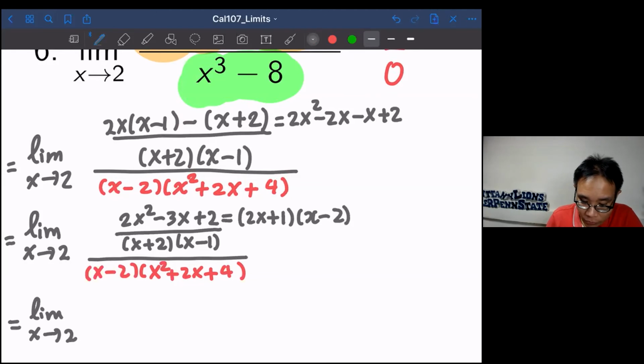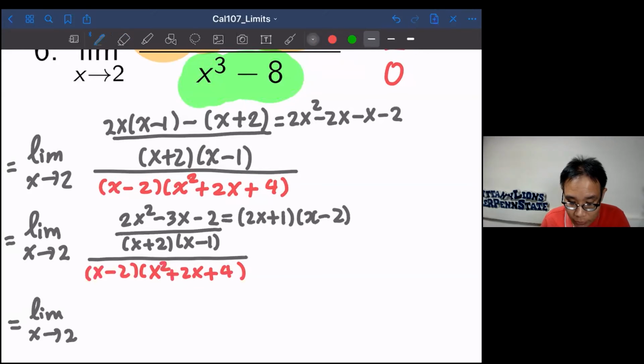Let me see what's wrong. I make a mistake in the calculation here. This one is negative 2, not plus 2.